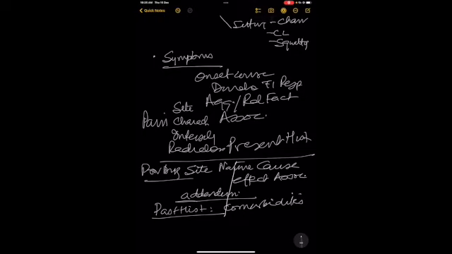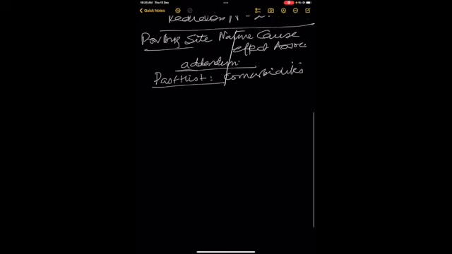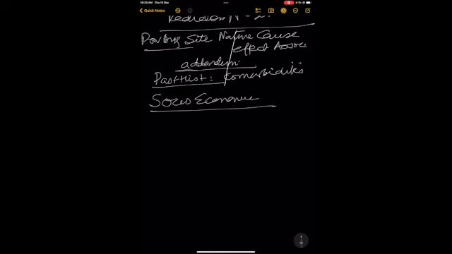So after this, you ask the socio-economic history, and the socio-economic history is the effect that the disease has done to the life of the patient.